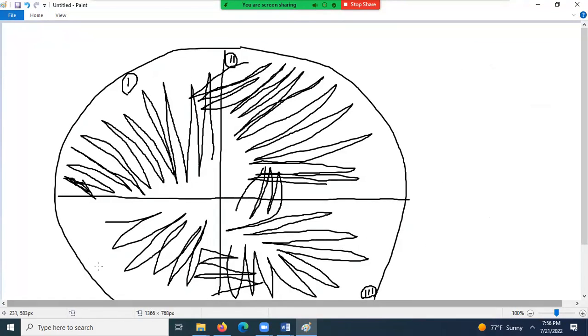So we sterilize the loop at the beginning, grab our bacteria, and then streak out sector 1. But now we forgot to sterilize the loop, and then we start streaking out sector 2. And then the same thing for sector 3 and for sector 4.